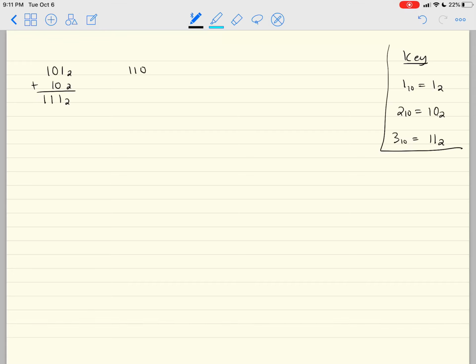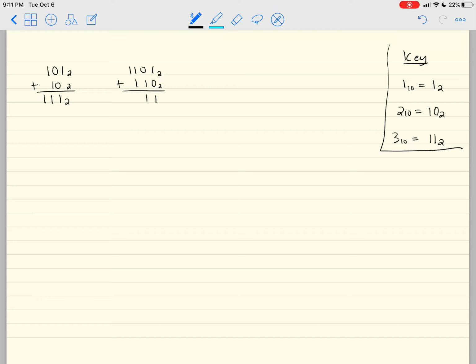It does, of course, get more interesting when I'm going to have to start carrying. Now, I will give you a hint. When you are working in binary, you are only ever allowed to write 0s and 1s. If you find yourself wanting to write something other than a 0 or 1, refer to the key and translate it.